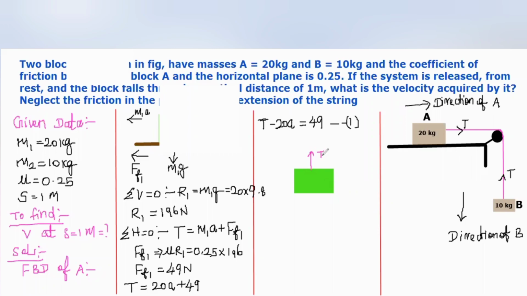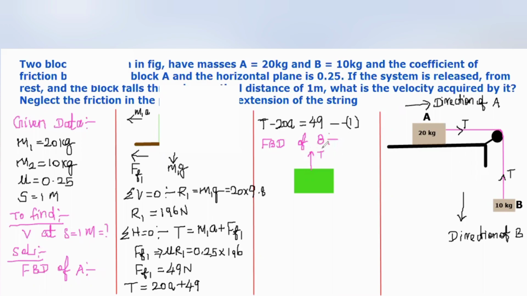This is the tension in the string, as mentioned in the diagram. Actually, this will be the free body diagram of object B.